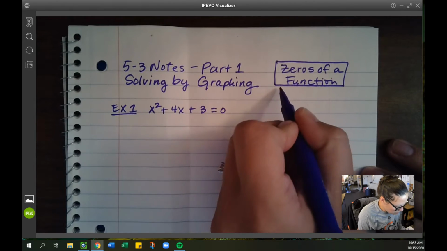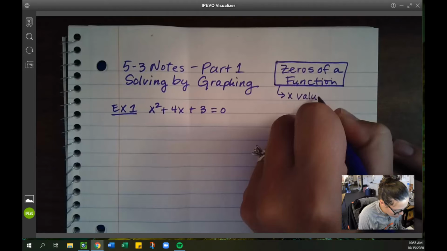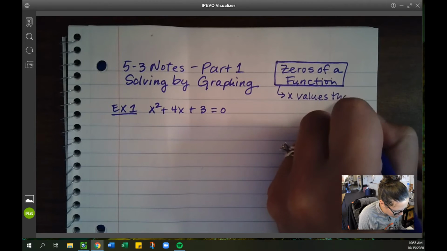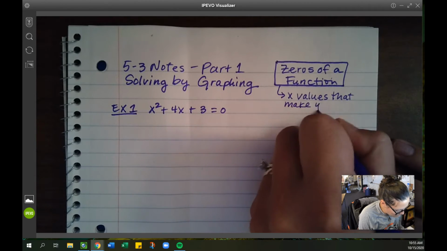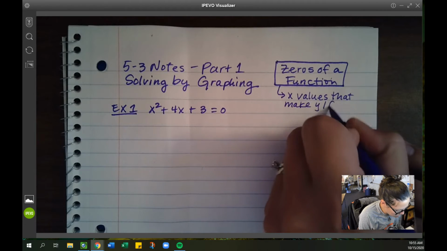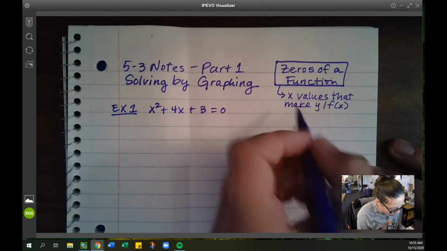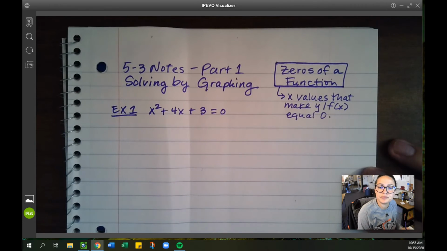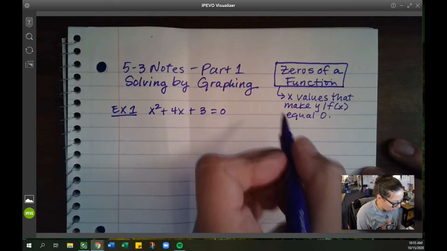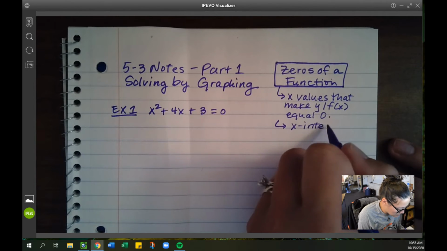So the zeros of a function are the x values that make y, or f of x, right? Because those are the same thing. So the x values that make y equal 0. In other words, we're looking for the x-intercepts.